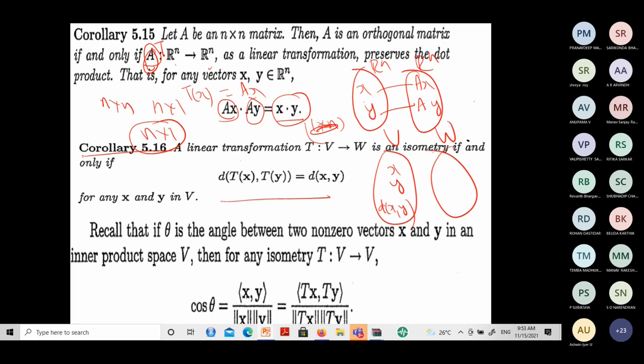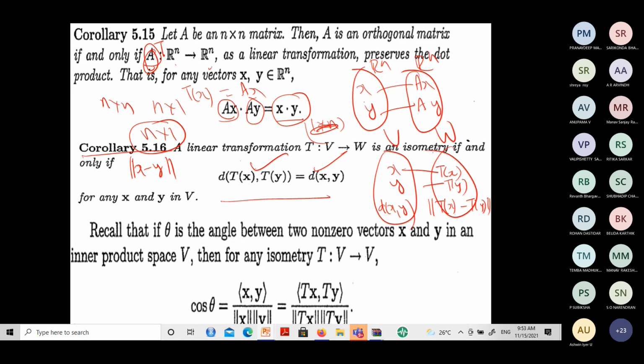You have studied that in your module 5, right? It is nothing but the norm of x minus y. Forgot. Okay. So the distance between x and y, and here x will be mapped onto T of x, y to T of y. So what is the distance between T of x and T of y? Norm of T of x minus T of y. The distance between T of x and T of y is the same as the distance between x and y.